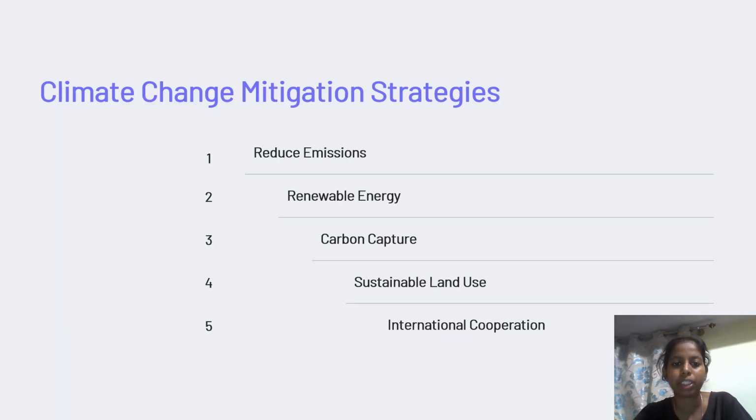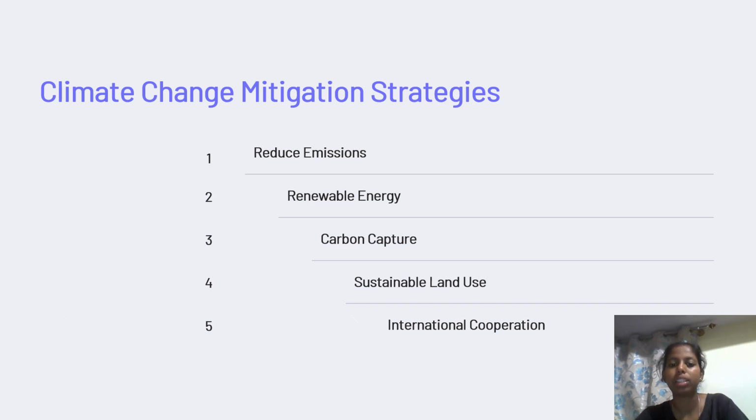Next is climate change mitigation strategies. The first is reduce emissions, then renewable energy, carbon capture, sustainable land use, and international cooperation. Climate change mitigation strategies are nothing but minimizing climate change drastically. The first is reduce emissions. Emissions are gases and chemicals produced by the burning of fossil fuels.